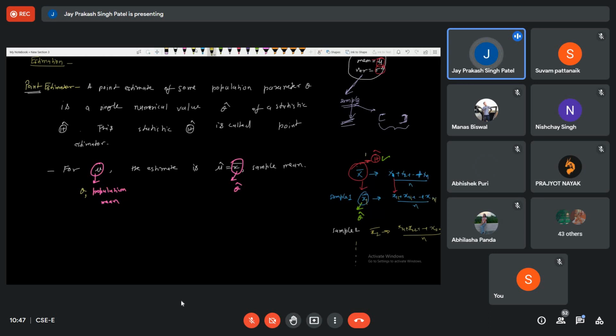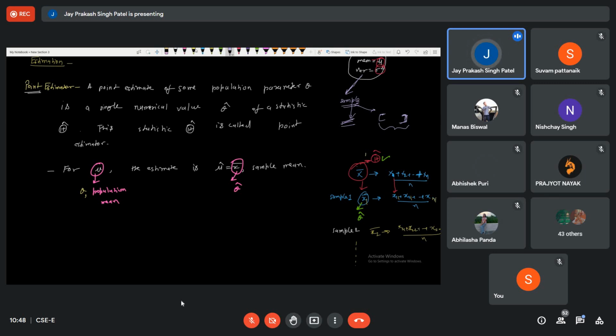So each time when we change the sample, we get different value of x bar, right? So the value of capital X bar is not fixed. It changes from sample to sample. When I draw another sample, I will have a different mean, right?